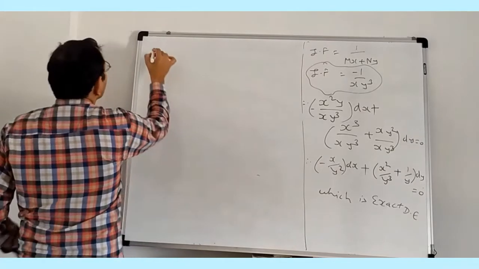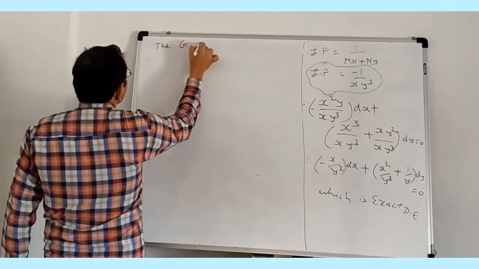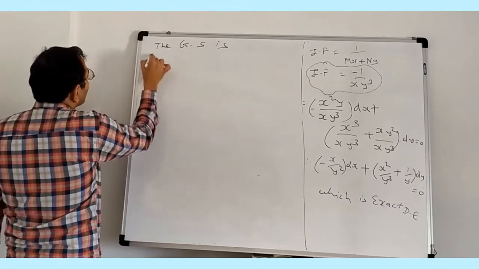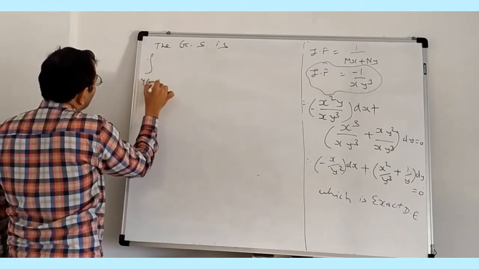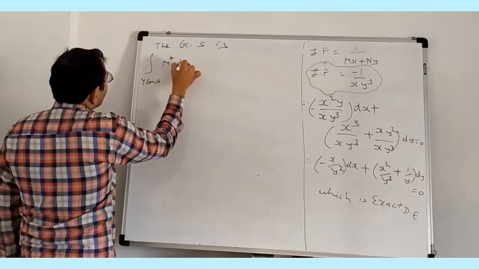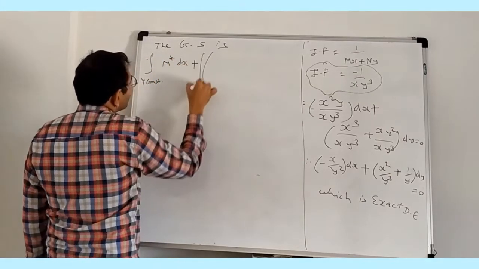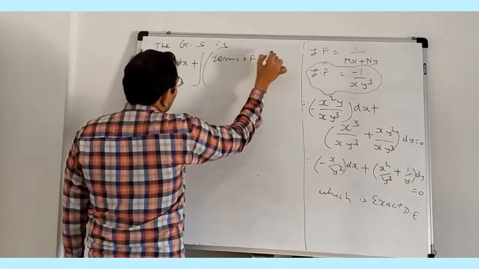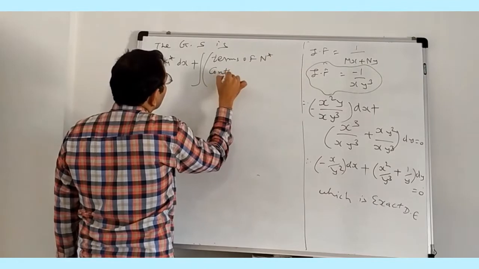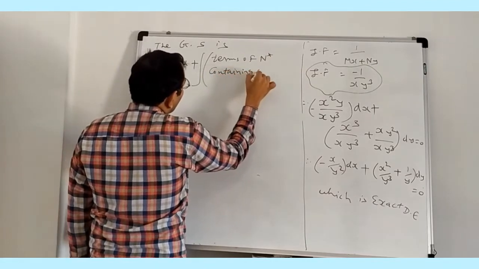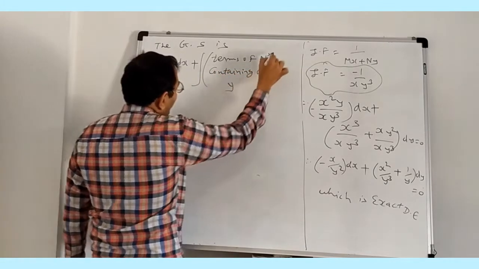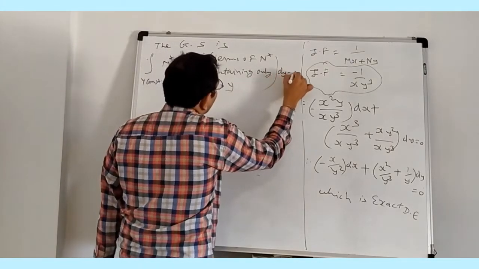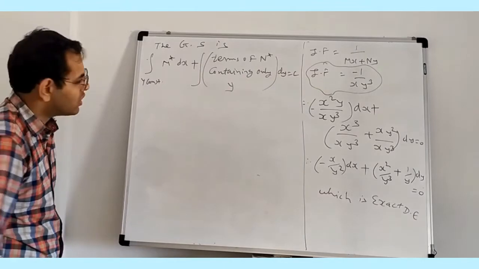The general solution is integrating M star dx, treating y constant, plus integration of the terms of N star containing only y, that is purely independent of x, means purely y terms we require, dy equal to c.